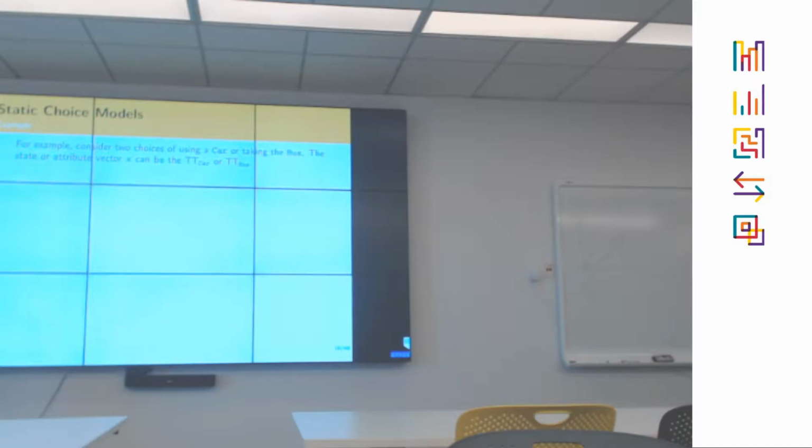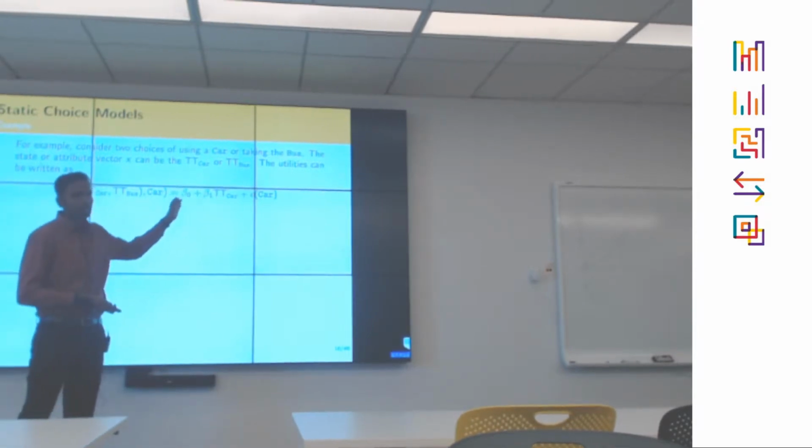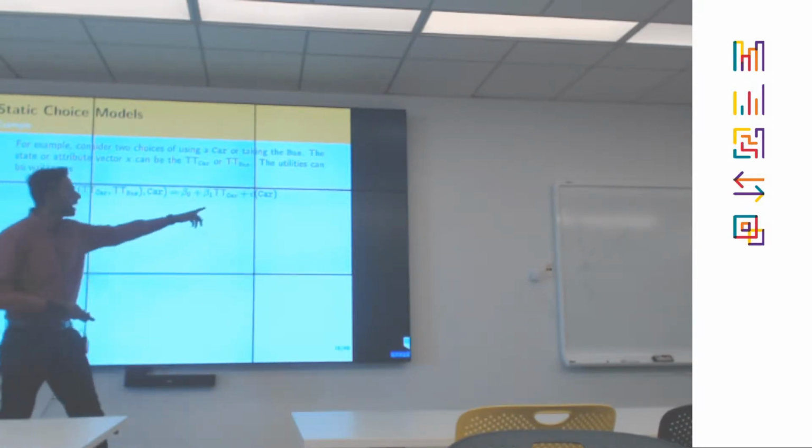If the individual knows how much travel time he or she might incur while taking a car versus a bus, we typically parameterize the utility functions. So the utility of taking a car, given the set of attributes, is a linear combination of a constant term, the travel time incurred because of taking the car, and some latent variables associated with the car.